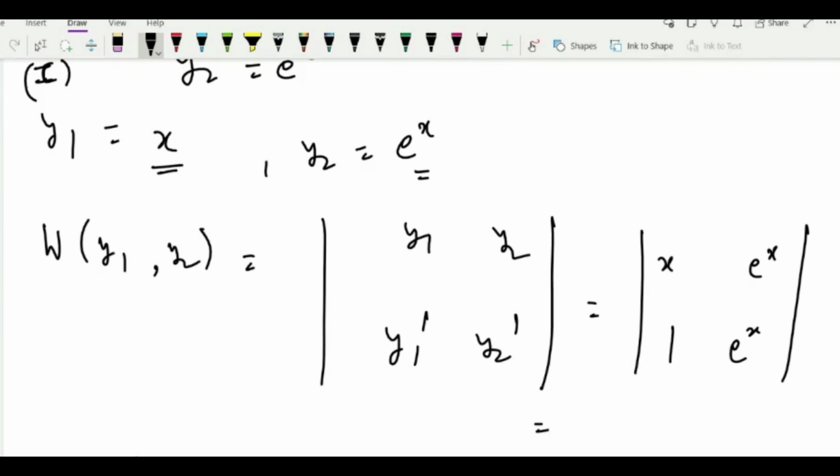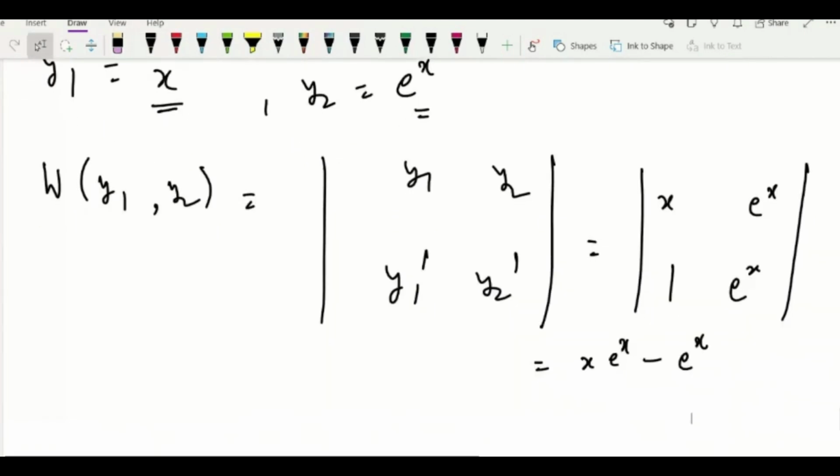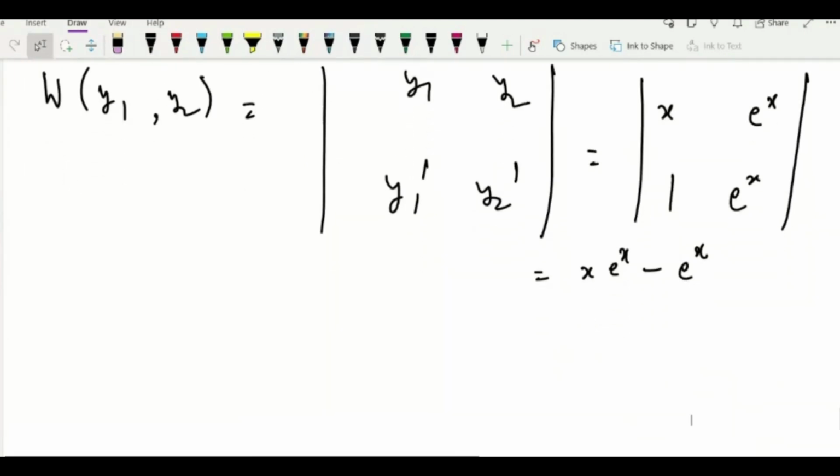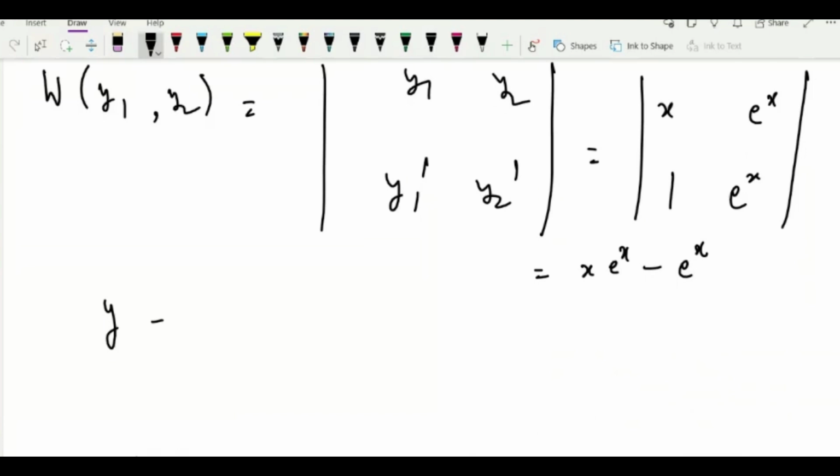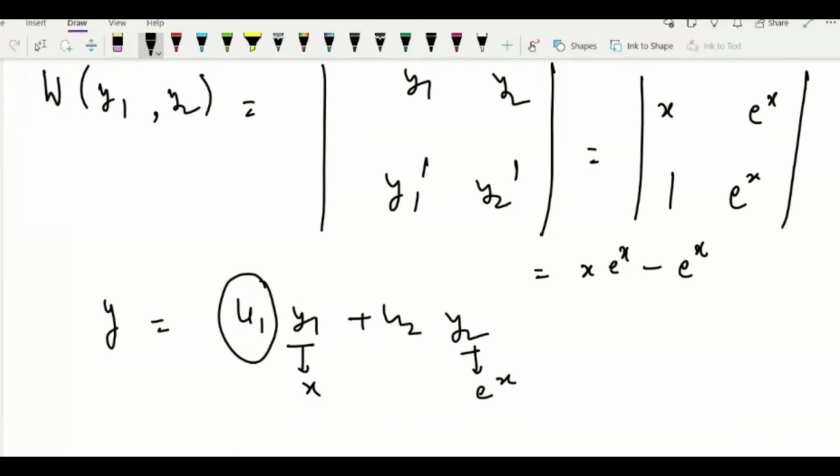So we get here x e raised to power x minus e^x. This is the determinant value, so this is our Wronskian. And we know that our solution y is equal to u1 y1 plus u2 y2, where y1 and y2 are x and e raised to power x. Now the next step is to find u1 and u2.